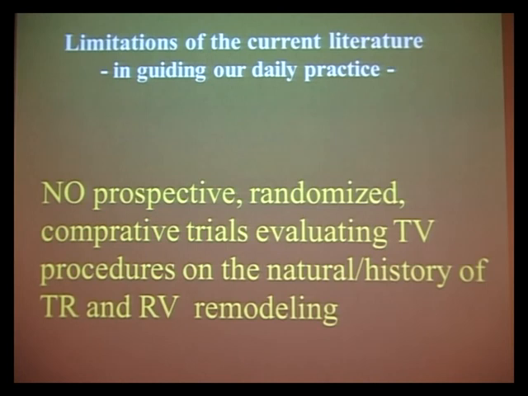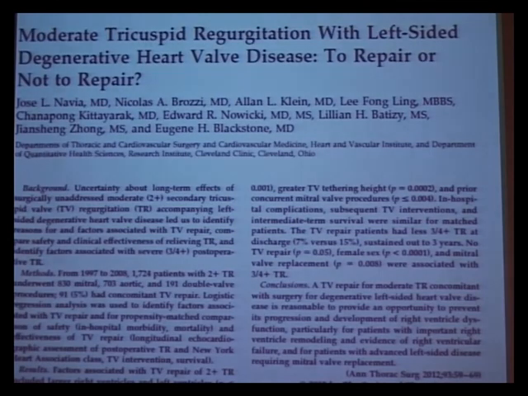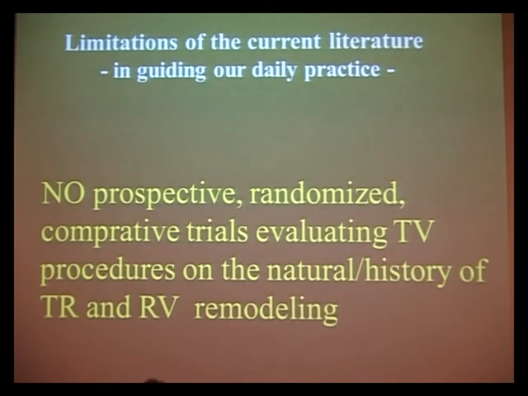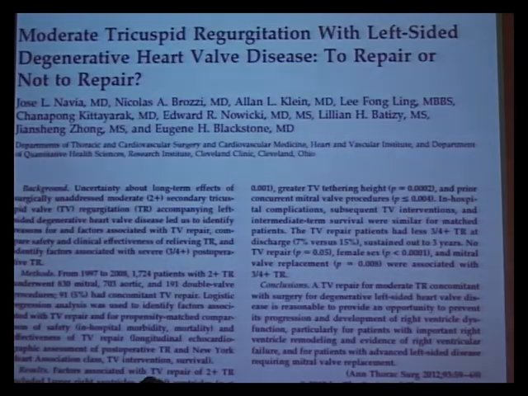But there are no prospective or randomized comparative trials evaluating tricuspid valve regurgitation. Therefore, really our daily practice is limited. Our practice is usually depending on our own experience or some observational data like this.